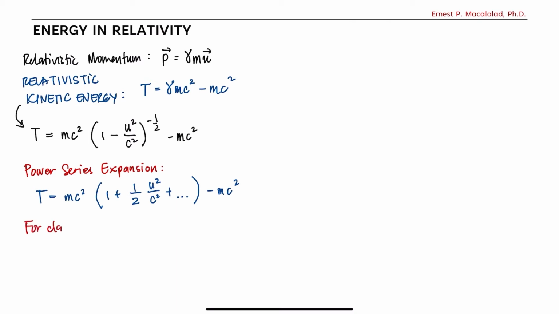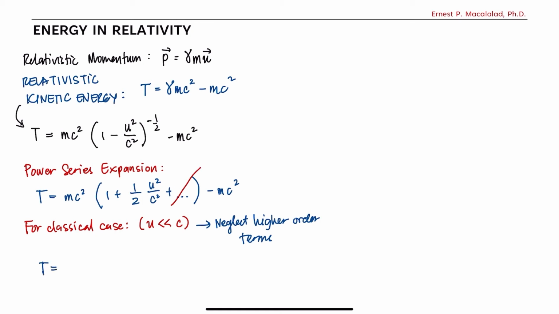Now, considering the classical case where speeds are very small compared to the speed of light, we can neglect all higher order terms such as u to the fourth over c to the fourth or even higher. T is equal to m c squared plus 1 half m u squared minus m c squared, which yields the classical kinetic energy T equals 1 half m u squared.